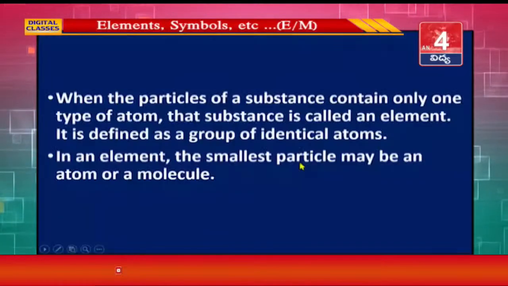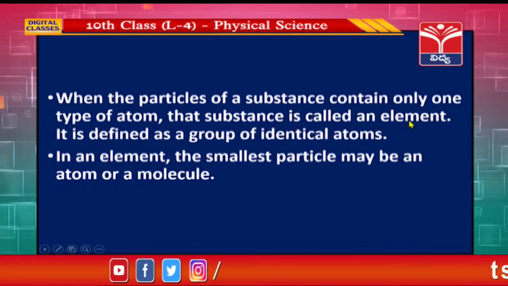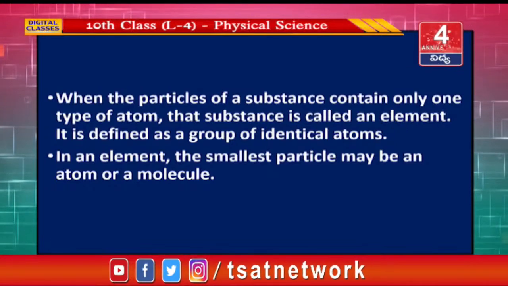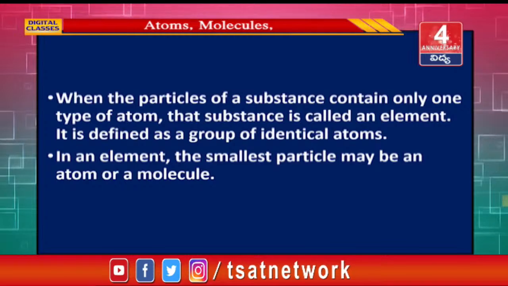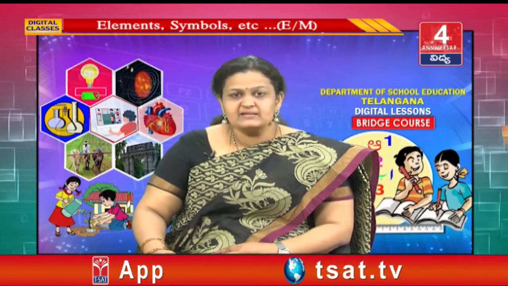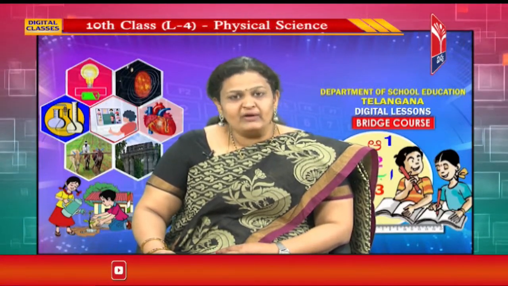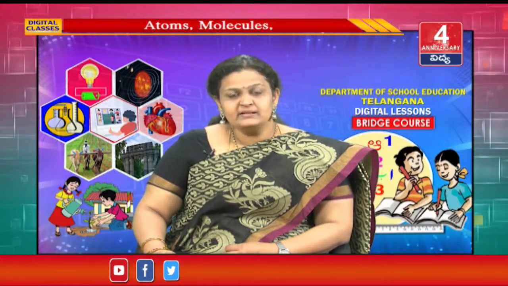When the particle of a substance contains only one type of atom, that substance is called an element. So if the particle of the substance contains only one type of atom, like how we saw hydrogen gas, oxygen gas, nitrogen gas, phosphorus, sulfur, these contain only one type of atom. So it is called an element.